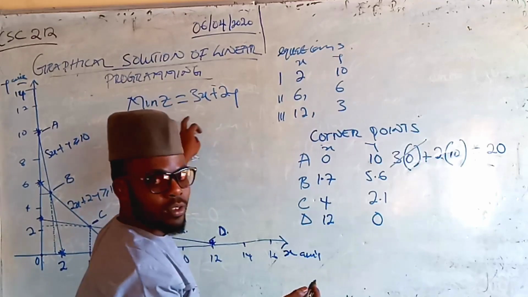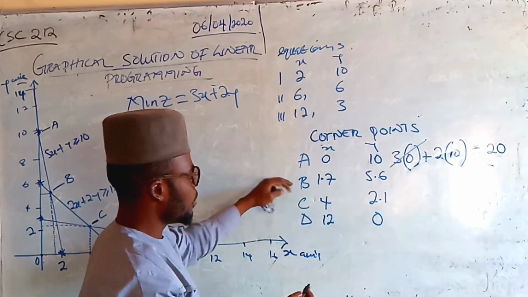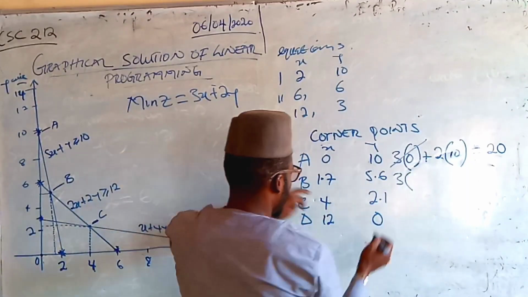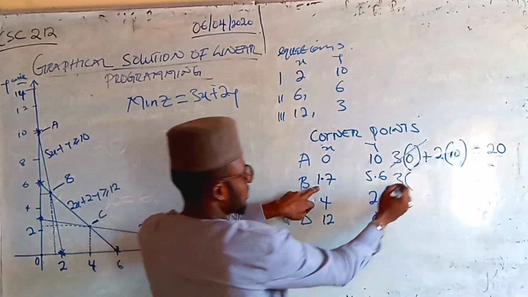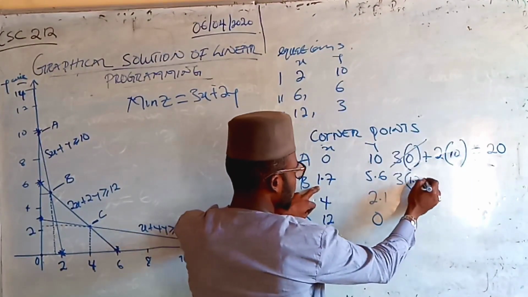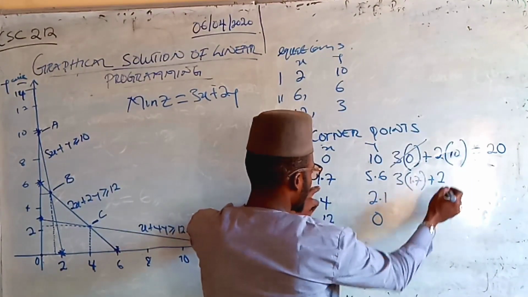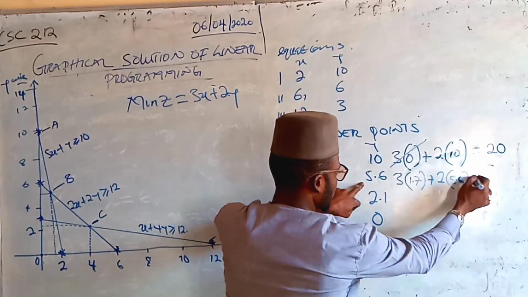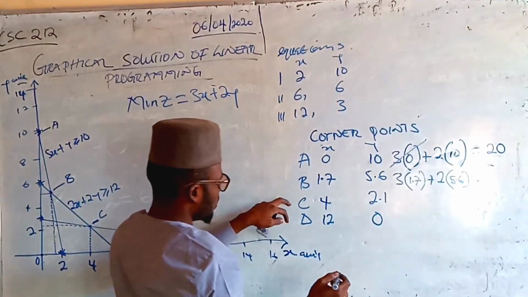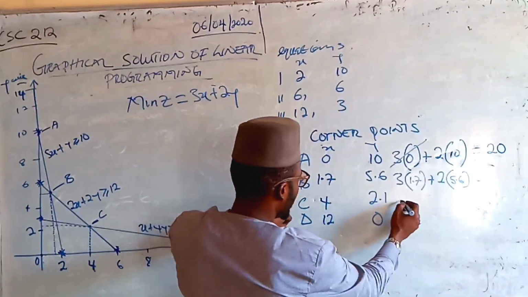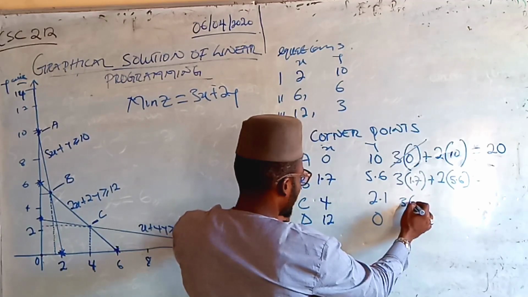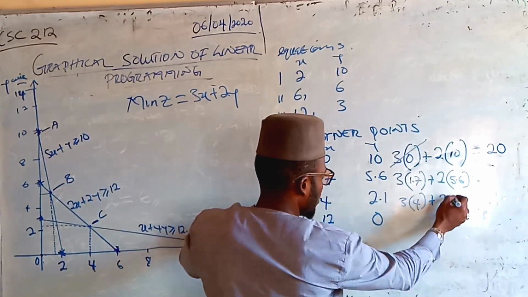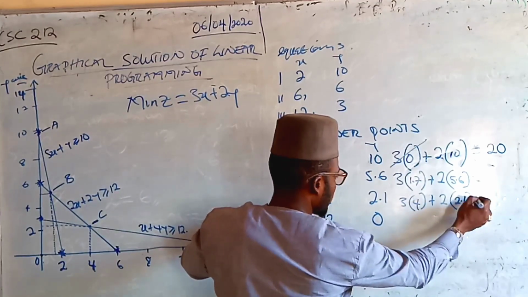Then we are going to do the same thing for corner point B. 3 times the value of x, 1.7, plus 2 times 5.6. Then for the corner point C, we are going to have 3 into 4 plus 2 into 2.1.